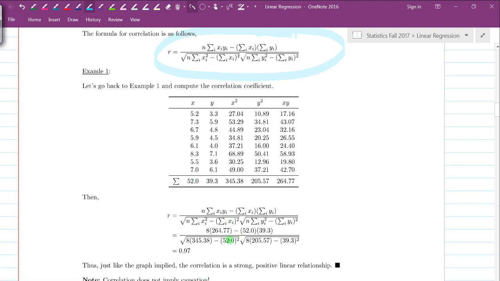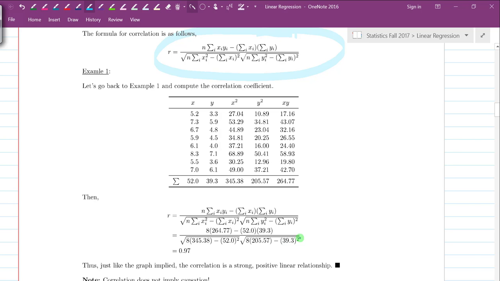But this is the summation of x that we have within the parentheses there. Then we have multiplied by the square root of 8 times the summation of y squared, 205.57, minus the summation of y. Here's my y, add them all up. Summation of y outside of that number, the squared.